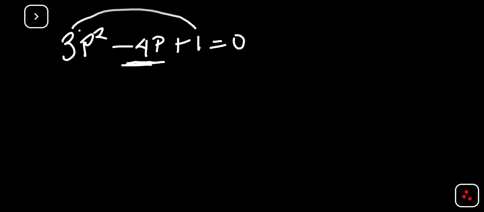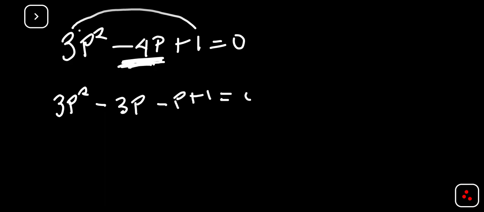So if you look for two values that will give you 3p squared when you multiply, it will actually be minus 3p and minus p, because when you add the two of them, you actually get this middle one. So we can just put those two factors in place of minus 4p. So we'll have minus 3p and minus p plus 1 equal to 0.